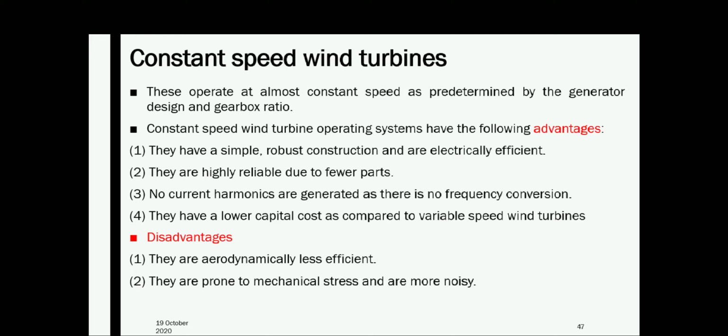They have lower capital cost as compared to variable speed wind turbines. However, they have the following disadvantages as compared to variable speed turbines. They are aerodynamically less efficient, prone to mechanical stress, and more noisy.